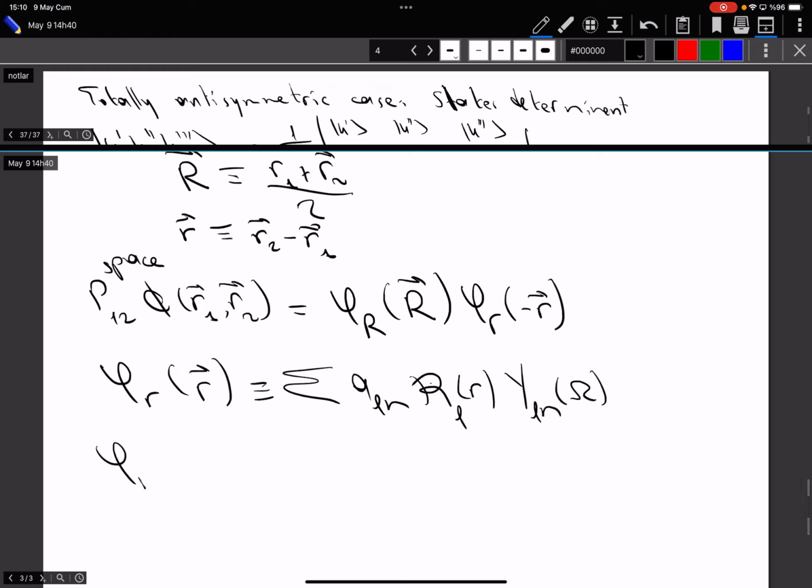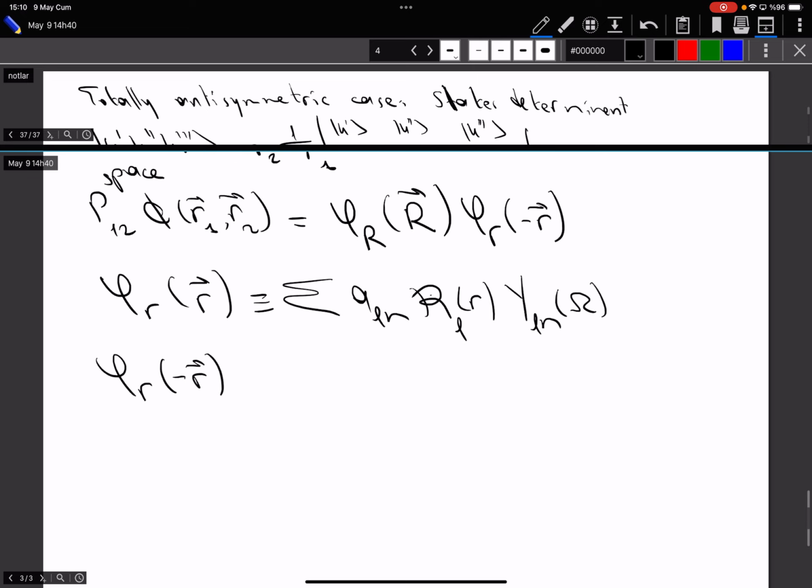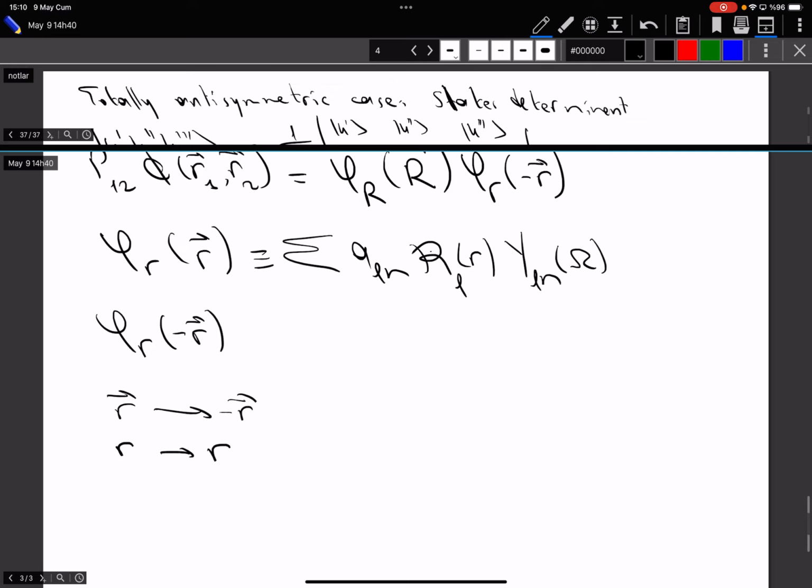And when you change r to minus r in spherical coordinates, the distance from the origin doesn't change. It's the same. Well, theta goes to pi minus theta.